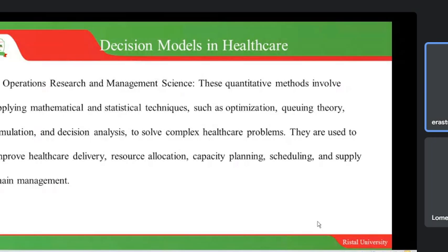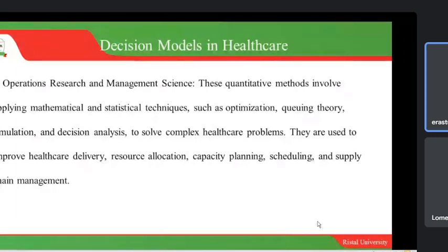So we also have other methods under operations research and management science, what we call queuing theory. We are using queuing theory to analyze and optimize patient flow. So we are looking at what is the flow of patients in this particular facility, and we merge that by looking at the service delivery processes.